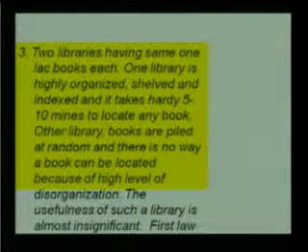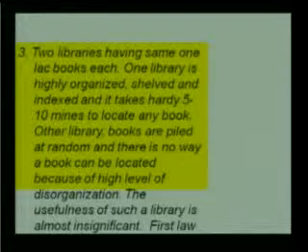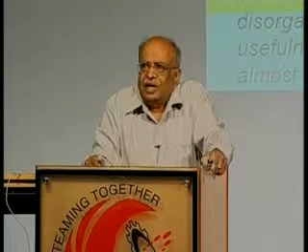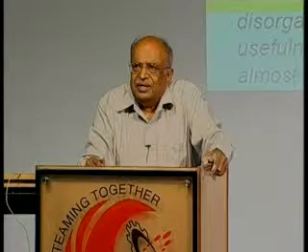Let us take another example. There are two libraries, each one having 1 lakh books. One library is highly organized, the other library is highly disorganized. The organized library has a large number of shelves.